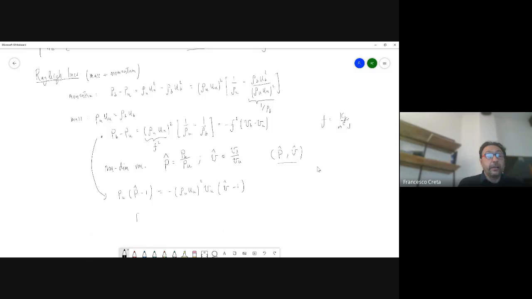So at the end of the day, this P hat minus 1 will be equal to a quantity which is essentially rho U U squared divided by, remember that rho U is 1 over VU, so at the end we have something like PU over rho U, and then V hat minus 1.